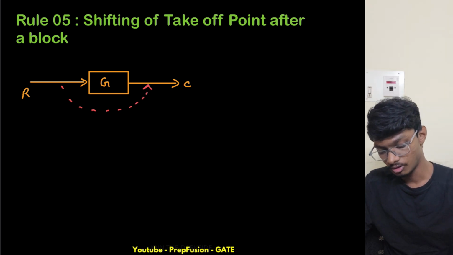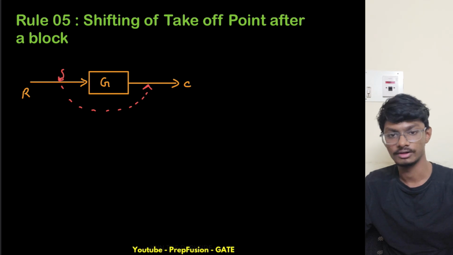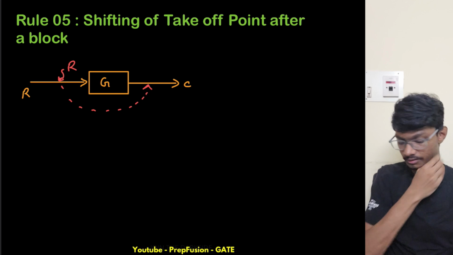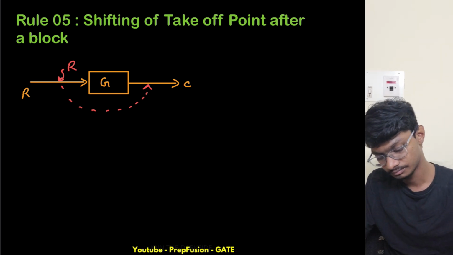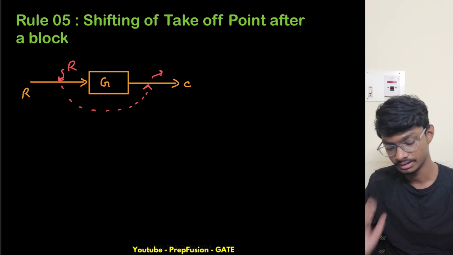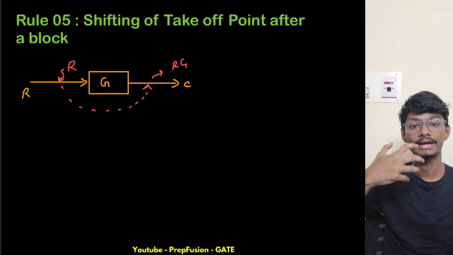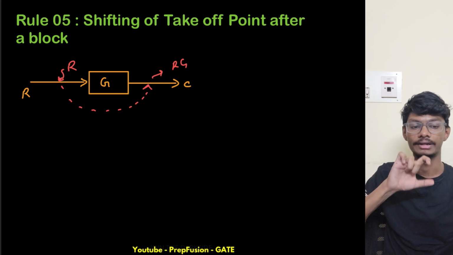What is the output at this point? What is the value of that takeoff point? It is R only. But what is the value here? It is R times G. So I want R, but we have one extra gain, R times G. I need R only.